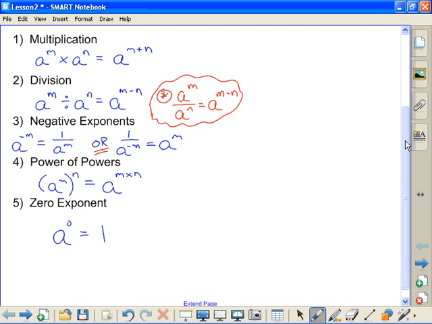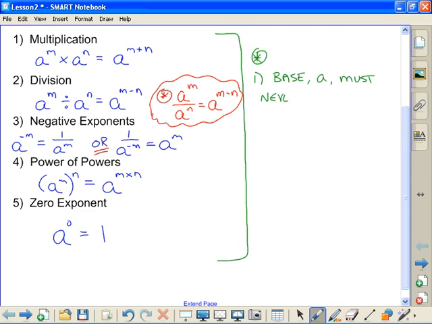A couple of conditions here. And you can write this or draw this up however you want. Okay, first thing, the base a must never be 0. So a cannot be 0.